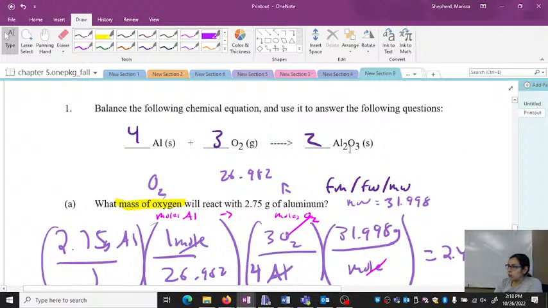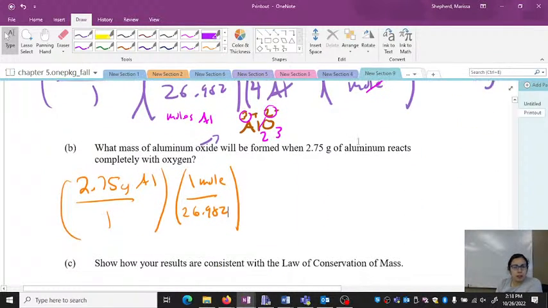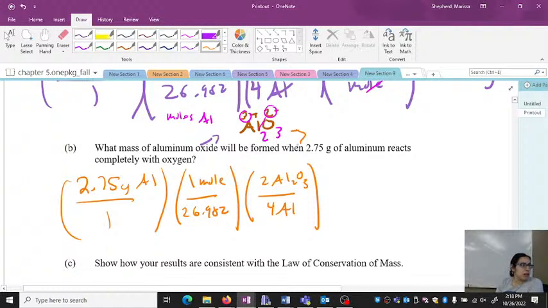So that's a 4:2. And so now my 4 will go on bottom, 2 equivalents of aluminum oxide on top. And then does anyone have the mass of aluminum oxide handy? 101.961. And so then we can multiply that at the end.